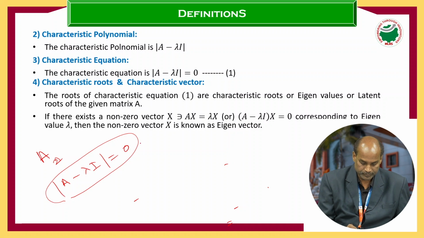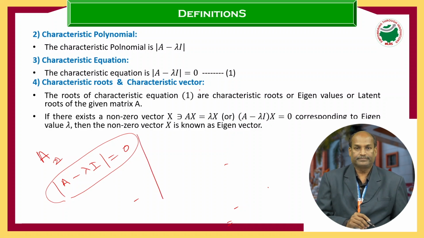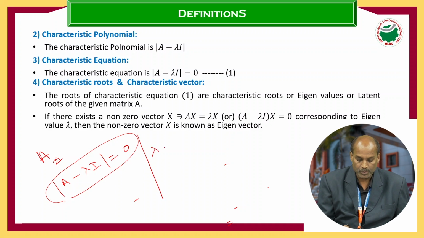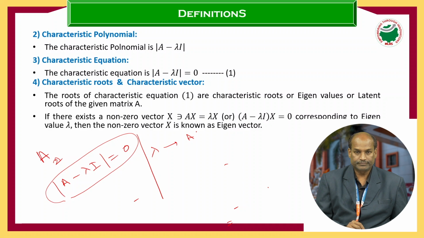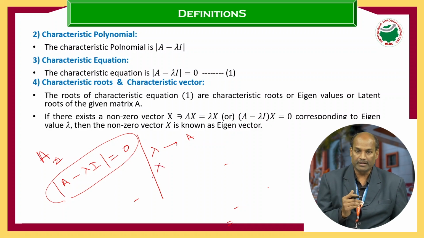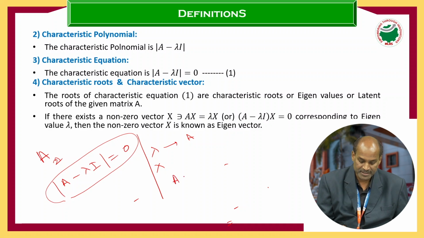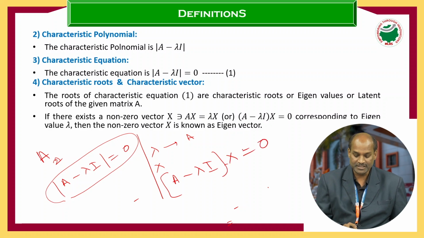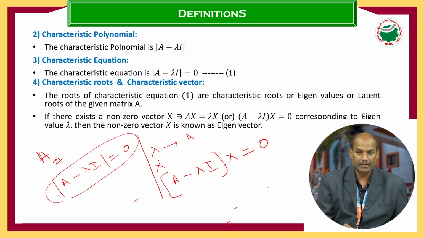Similarly, characteristic vectors. Suppose lambda is an eigenvalue of a square matrix A. If there exists a non-zero vector X such that (A minus lambda I) into X equals 0, then this vector is called the characteristic vector or eigenvector of the given matrix A corresponding to the eigenvalue lambda.